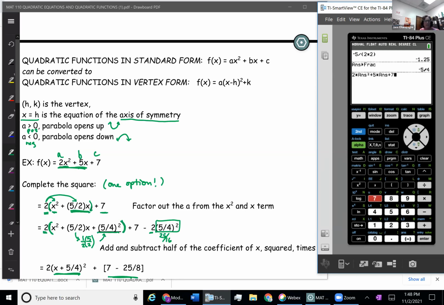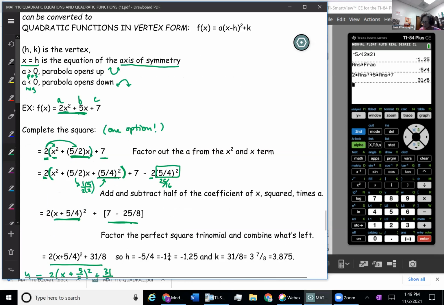So you calculate your x coordinate by negative b over 2a, and then plug that previous answer into the function. So you're just doing second negative for a and s for x. And there's your y coordinate of the vertex. And because you had changed the x coordinate to fraction form, it knows that that's the form you want the y coordinate in. So that's kind of cool.